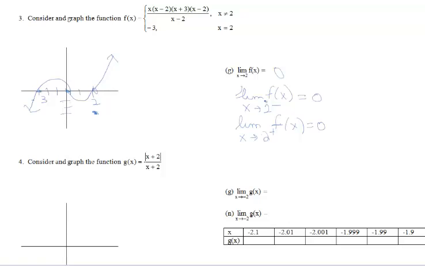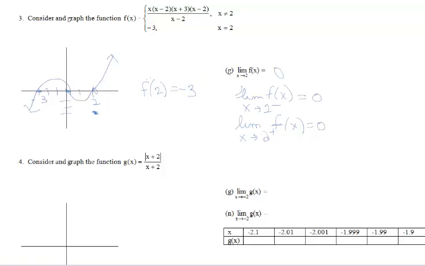It's a good time to stop and revisit functional values too. If I wanted to find the functional value at 2, when you look at the piecewise function, the input is 2. This piece is defined for all x but 2, but in this piece, when x is 2, my output is -3.